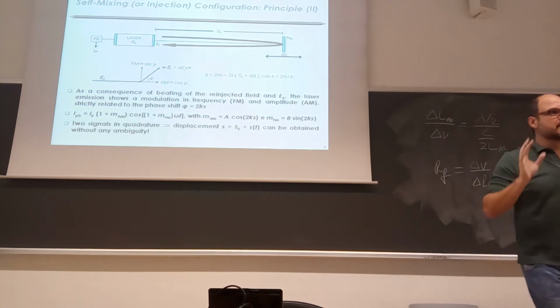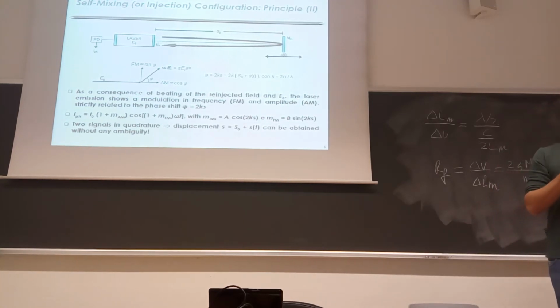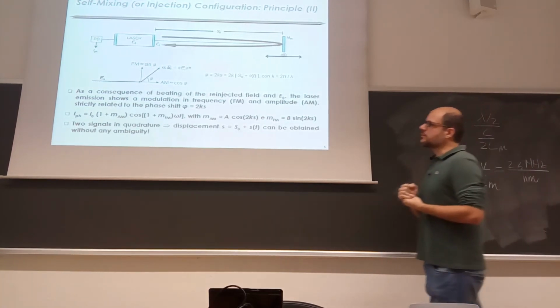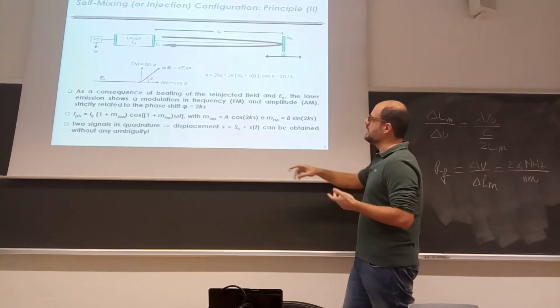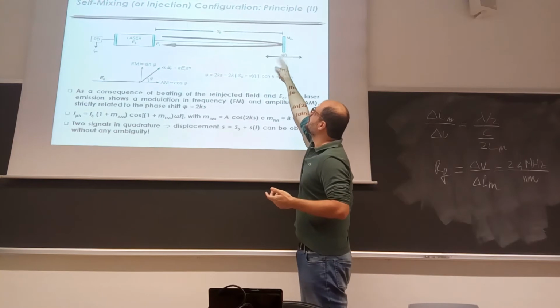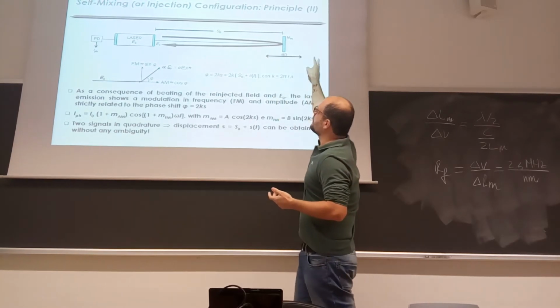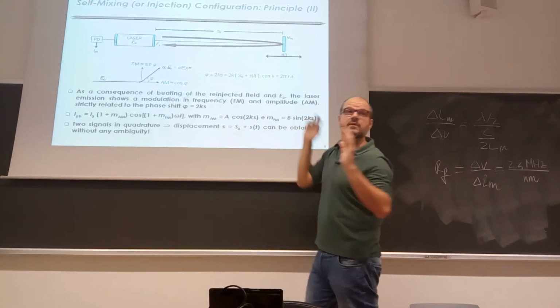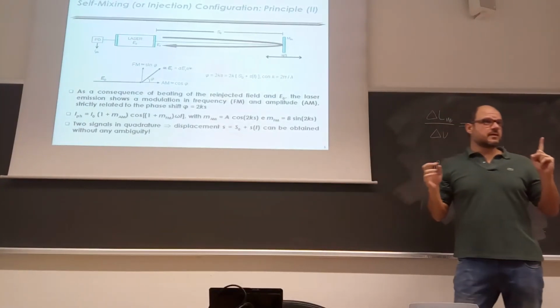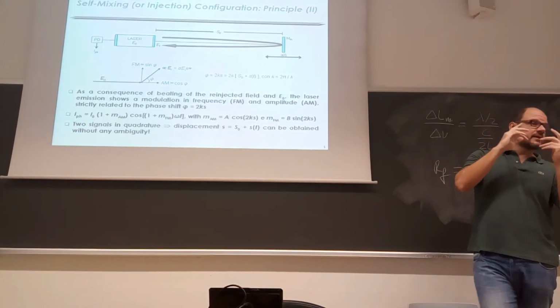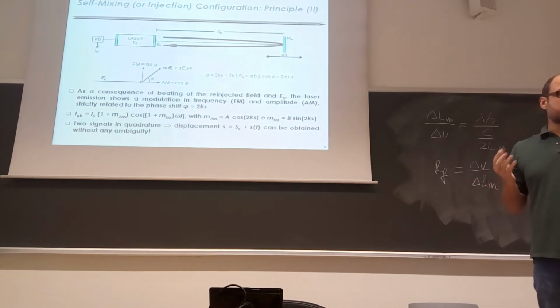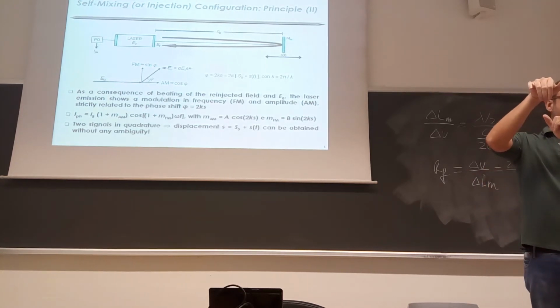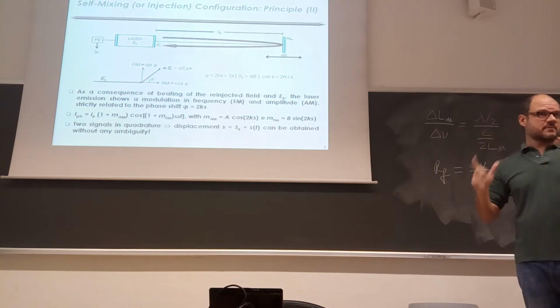So you have two signals in quadrature, okay, that you can use to measure the displacement, let's say, a vibration of a mirror or a longitudinal displacement of the mirror without ambiguity on the sign of movement. Because you are already in the situation of the double-beam interferometer, in which you have sine and cosine of the optical phase. Okay?